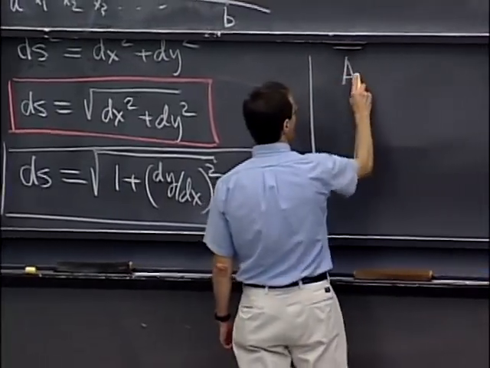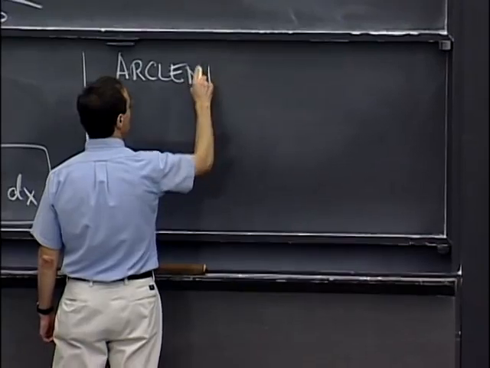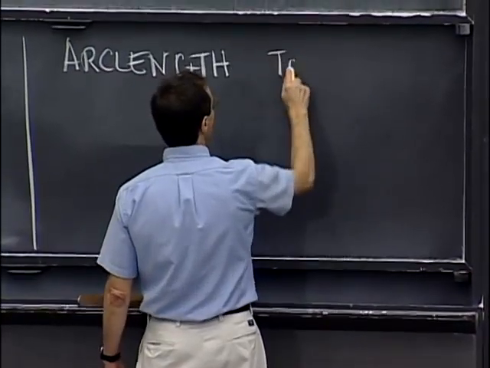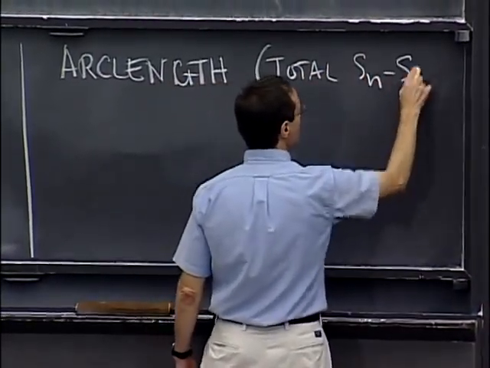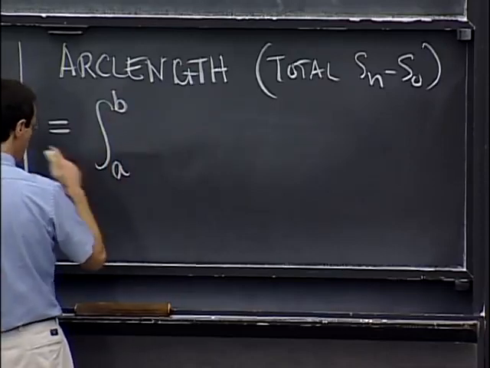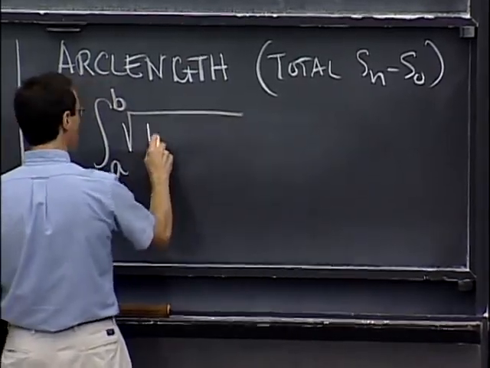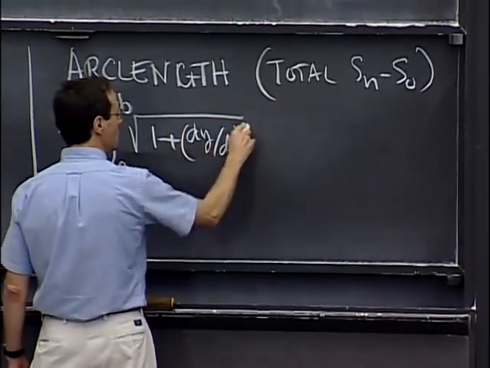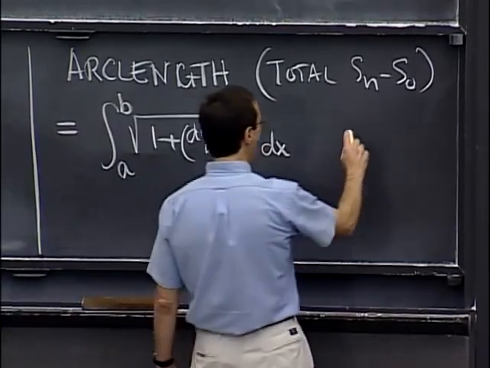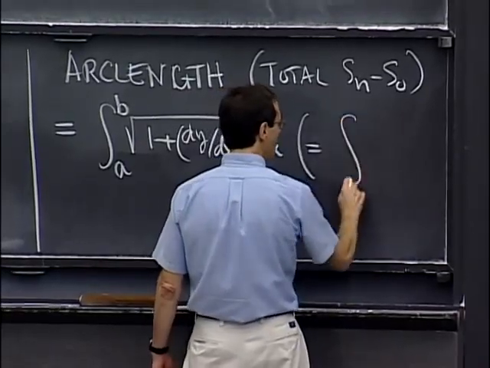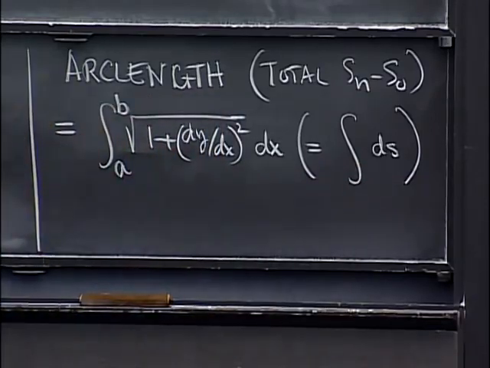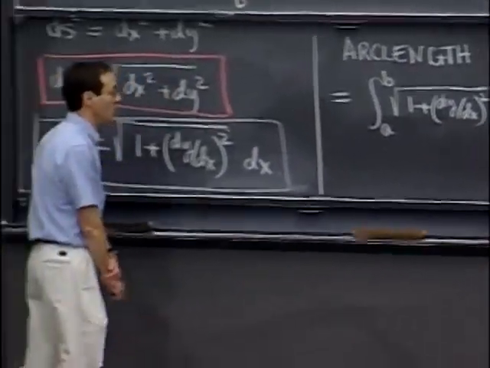So the conclusion is that the arc length, which, if you like, is this total Sn minus S0, is going to be equal to the integral from a to b of the square root of 1 plus (dy/dx) squared dx. In practice, it's also very often written very informally as the integral of ds, the change in this little variable s. And this is what you'll see notationally in many textbooks.